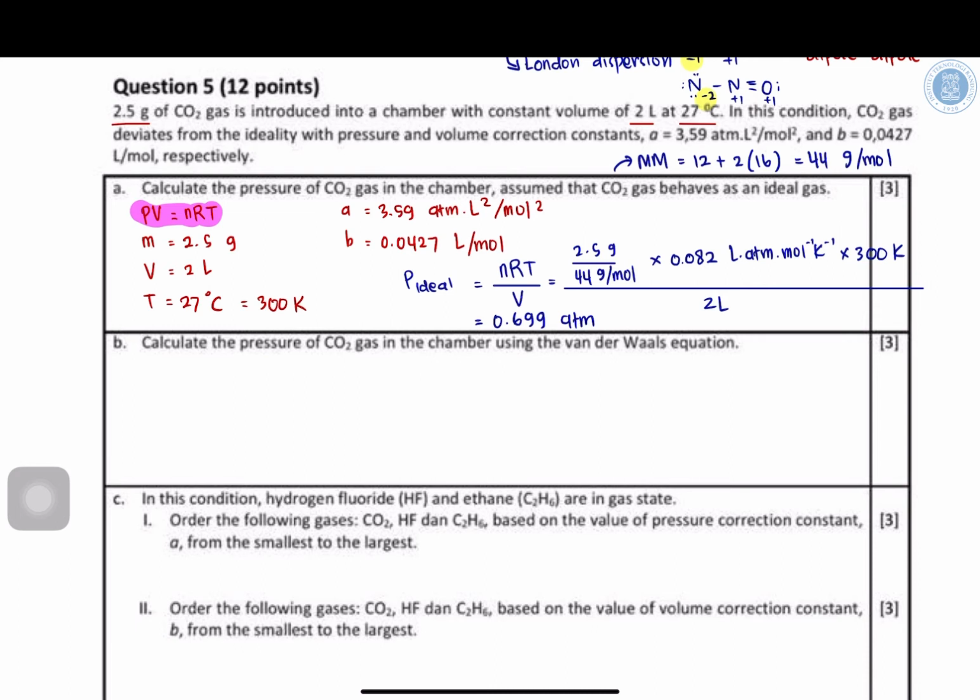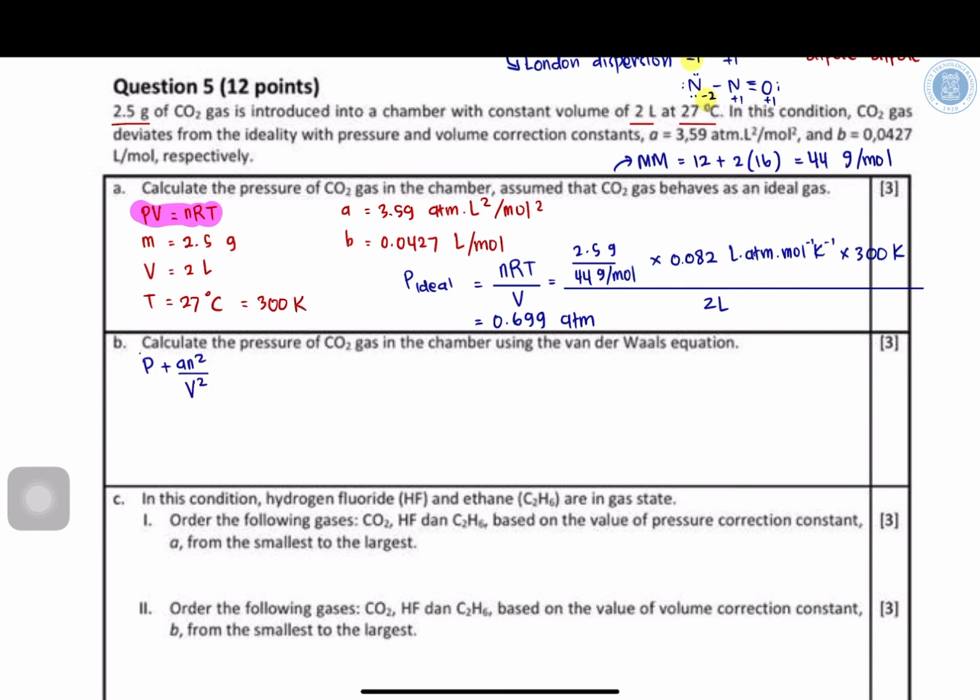So the next one is we are going to calculate the pressure of CO2 gas using the van der Waals equation. If we compare the ideal gas law PV equals nRT, then for the van der Waals equation we have pressure, but it is corrected.